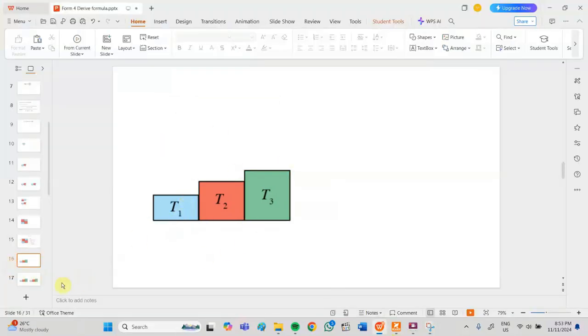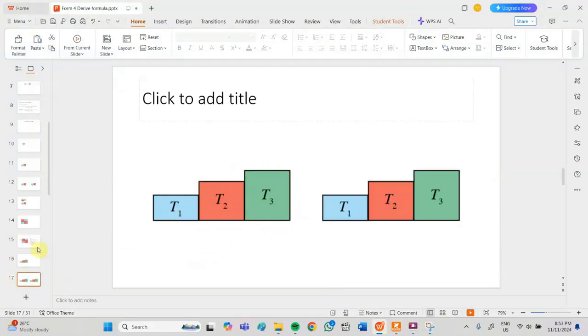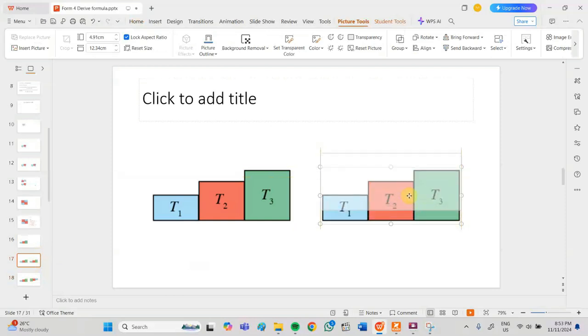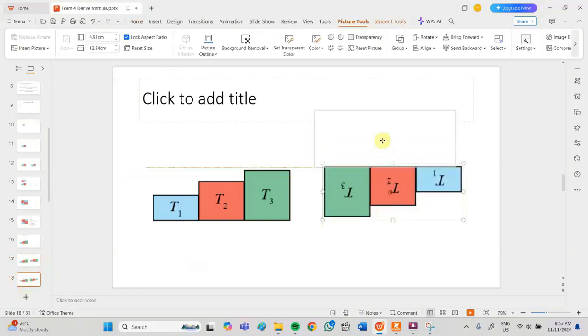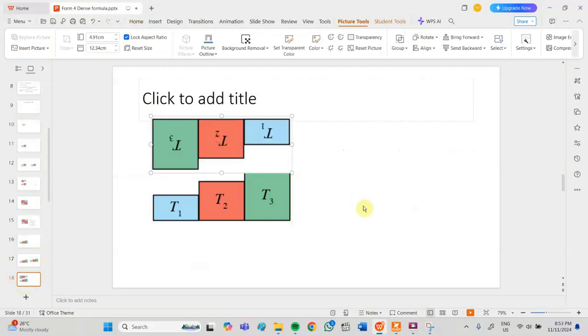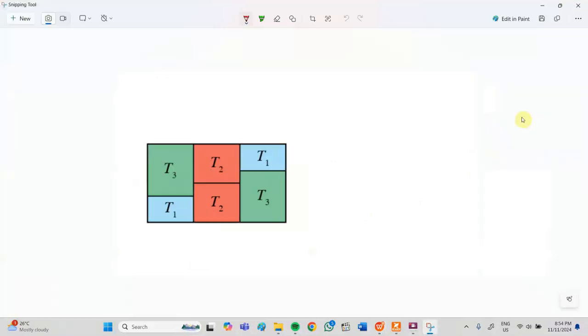And when we copy and paste this block here, we form 2. And if we rotate the second one, we'll get this. And we can combine this with the first one to get a rectangle. Again, here you will see that this has a height of A, this has a height of A plus 2D. Here is 1, 1, and 1.